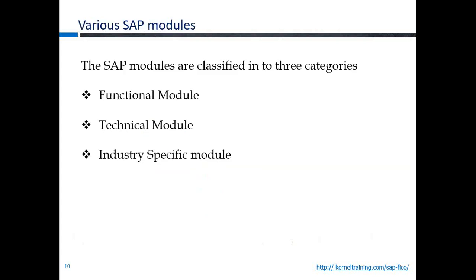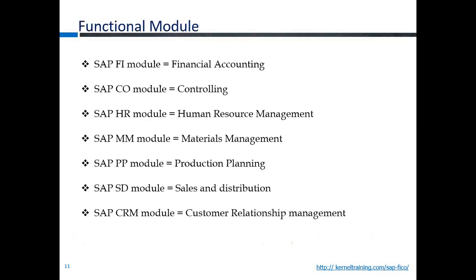SAP, like any other ERP, has different modules, but broadly we classify the SAP modules into functional modules, technical modules, and industry specific modules. First, coming to the functional modules, our prime and foremost module, which is very much in demand, is SAP FI and CO. FI is financial accounting and CO is controlling.